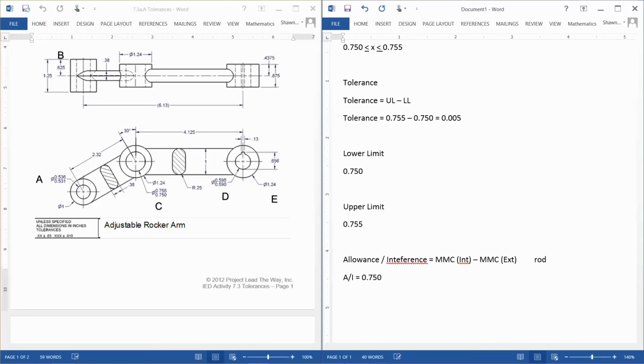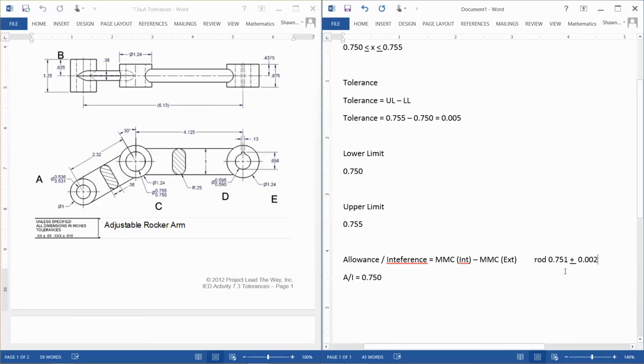This rod has a plus or minus: 0.751 plus or minus 0.002. What the heck, we're just making it up.